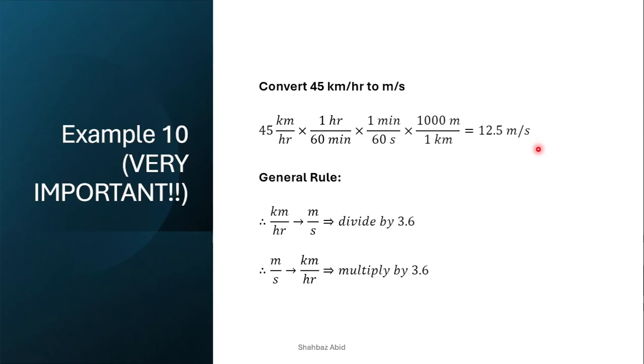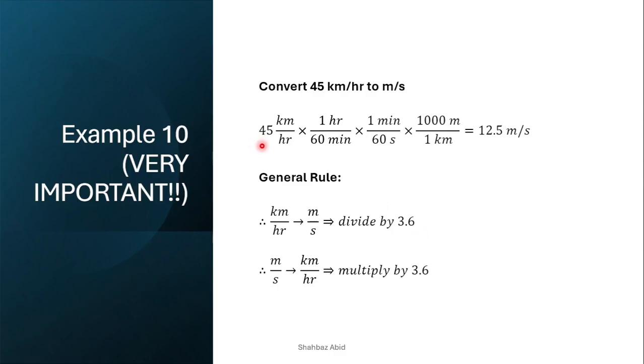Now there is a general rule, or you can say a shortcut, to convert from km/h to meter per second. That shortcut is actually derived by simplifying these conversion factors together. So as a general rule, when you want to convert km/h to meter per second, divide that number by 3.6.